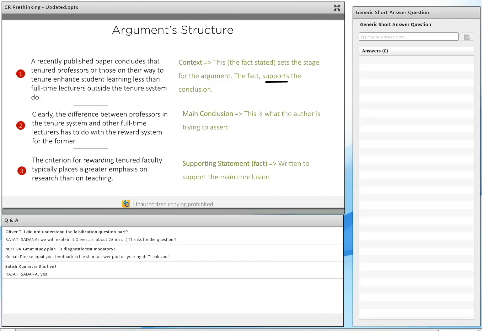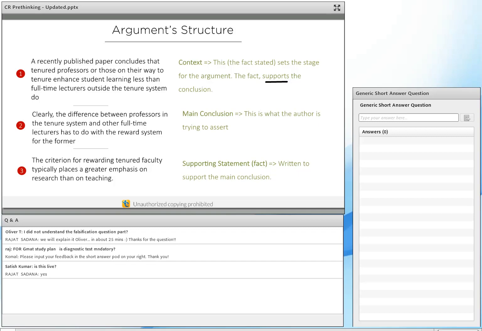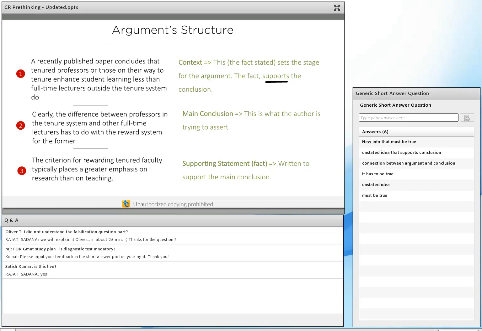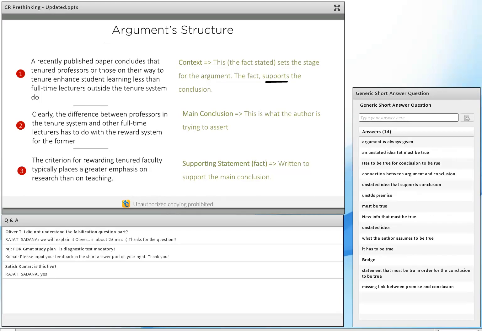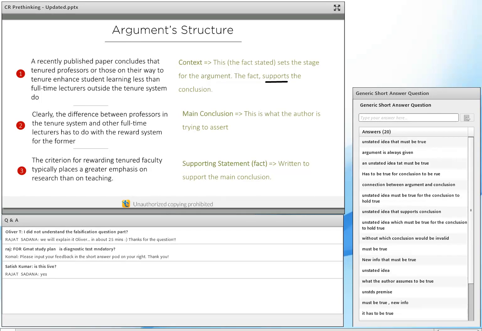Now, let's go back. We now have to come up with what an assumption is. To do that, let's revisit: what's the definition of an assumption? An unstated idea that must be true for the conclusion to hold true.